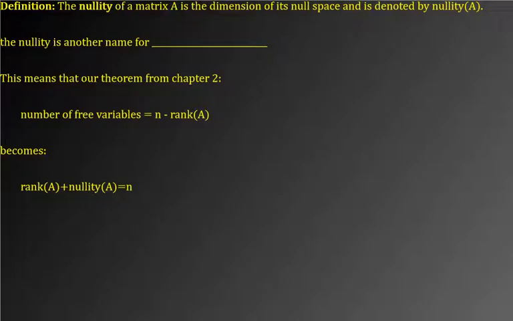And the nullity is really just another name for what I've been calling the number of free variables. When I teach linear algebra, I really just want to use this term when I introduce the idea early on, but we have so much to do to build up to these terms.